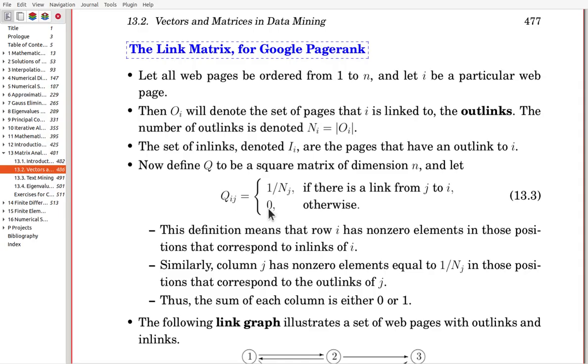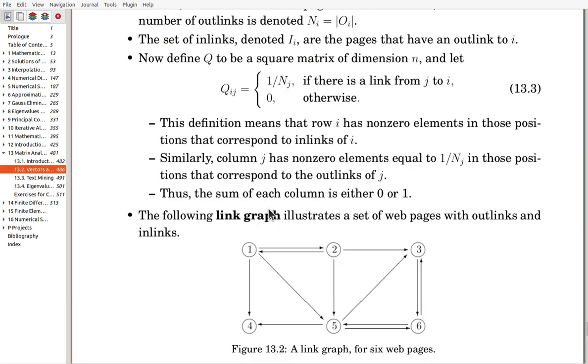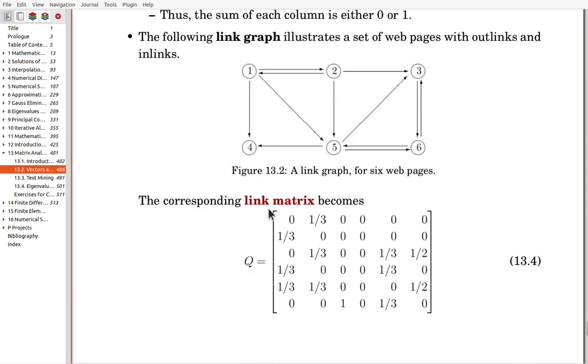Okay, if I try to explain algebraically, then it's hard to understand. Let's see the graph. That is the link graph. Assume there are 6 web pages in all, and number 1 web page has outlinks to 2 and 4. For example, the fifth web page has 1, 2, 3 outlinks and 1, 2, 3 inlinks.